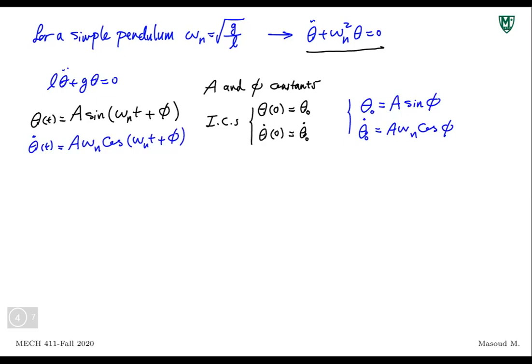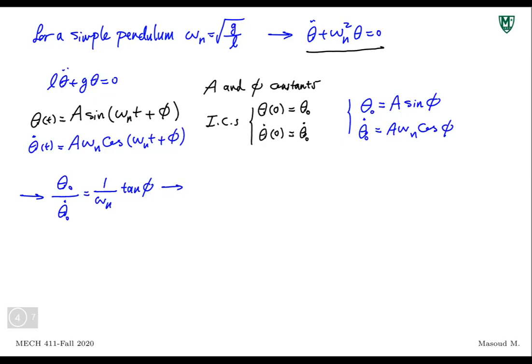Right? If I just divide the first one and the second one, so if I divide theta naught over theta naught dot, what do I get? I get 1 over omega n, and sine over cosine becomes tangent, tan phi. See, now a is out. I only have one unknown, which is phi.